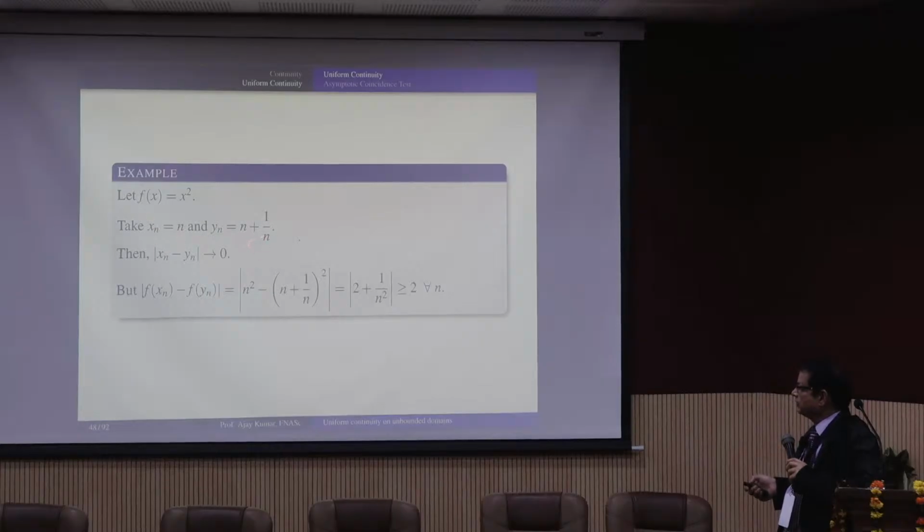Then xn minus yn goes to 0, and f of xn minus f of yn can be made more than or equal to 2. So epsilon naught is 2 here, and this function is not uniformly continuous.